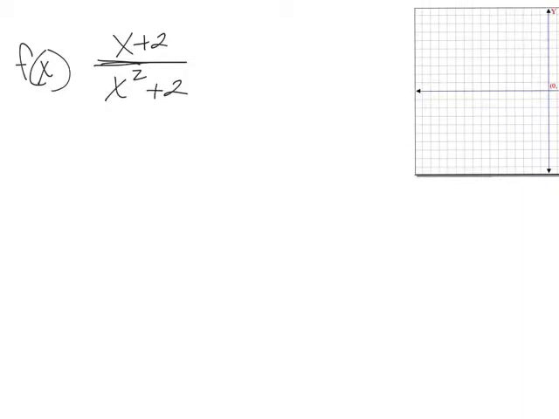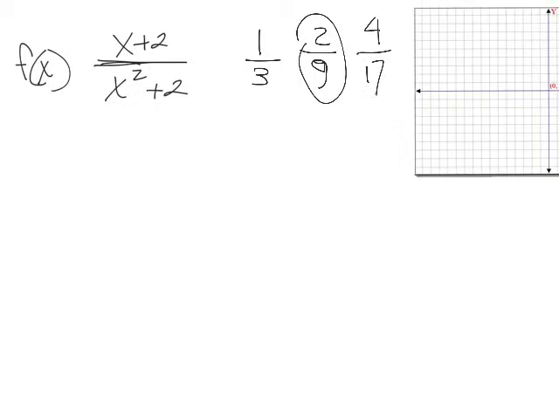So when we have a numerator that is one size and a denominator that gets bigger and bigger and bigger, what happens? My fraction gets smaller and smaller and smaller. So that might be 4 over 17. And as my numerator gets bigger, this gets bigger a lot faster because of the squared, which means my y gets smaller and smaller and smaller.